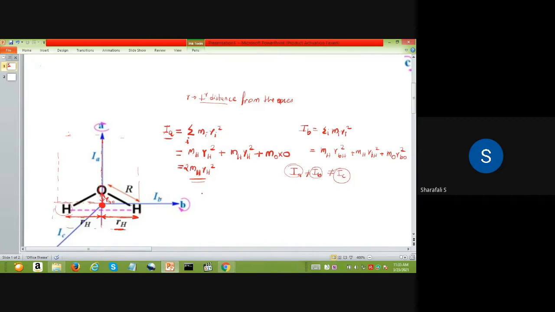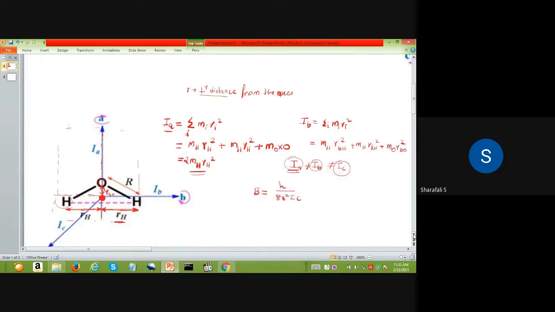Okay? So what is the significance of this moment of inertia? This moment of inertia will give you the spectral line displacement differently. Remember that the B value is nothing but h by 8 pi square IC. In the last class we discussed this.